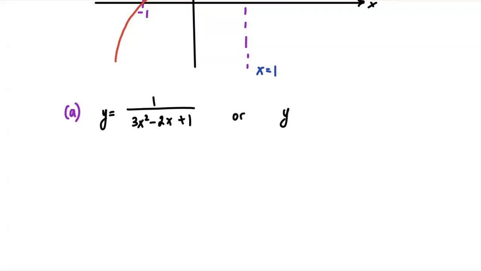Or y equals to 3 over negative 3x plus 1 whole thing squared plus 2. These are the two possible answers for the question. Okay.